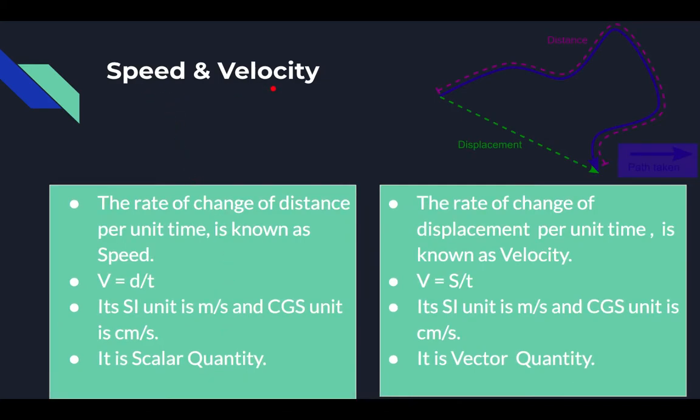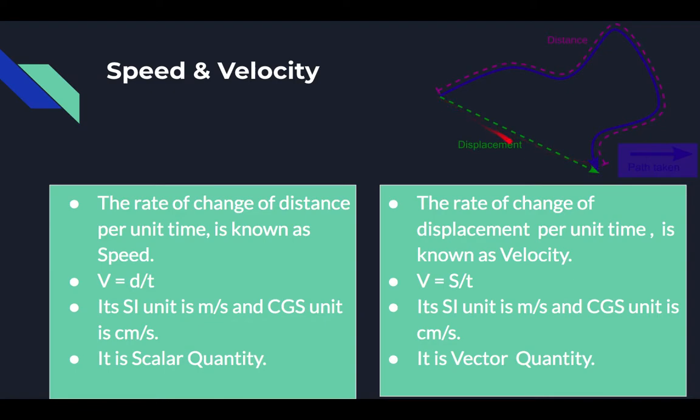Speed and velocity. Whenever you are supposed to move from this point to this point, here we have two different paths. You can go straight from this point to this point, or you can also use this curve path to reach from the initial point to the final point.